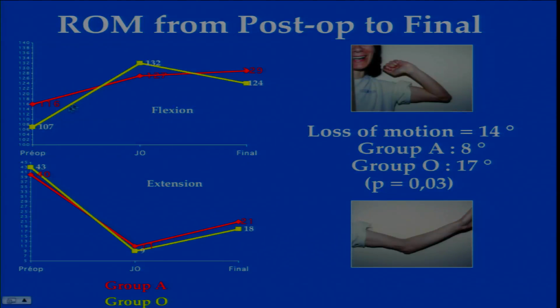You can expect at the end of the operation a better flexion and a better extension. But surprisingly, at the final term, the open group lost motion in flexion and lost motion in extension much more than the arthroscopic group. Of course, the procedure is less aggressive and probably there is less recurrence of the bleeding around the joint.